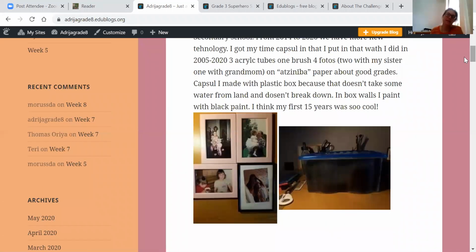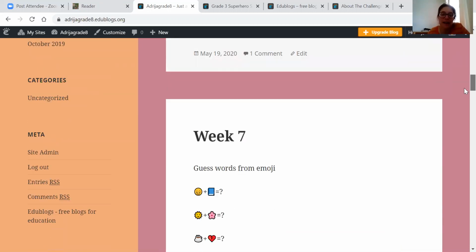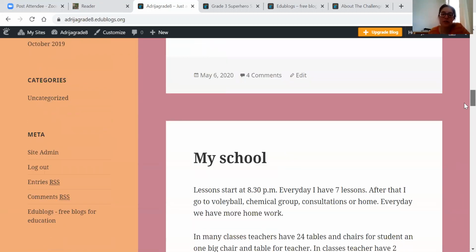For their last assignment, I did ask them to come up with a box of things that they were instructed to put into the ground and to write about, thinking, if people find this in the future, what they imagine people in Ruta were like back in 2020 during the pandemic. But they had different other assignments as well.